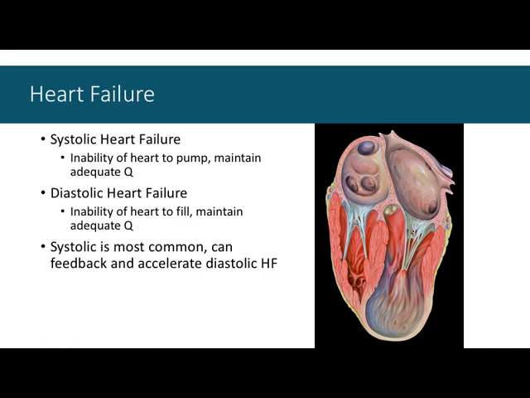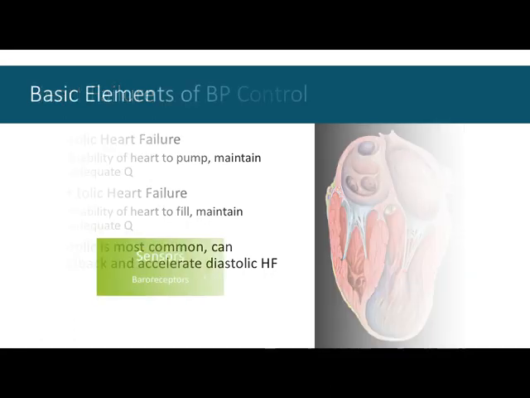So systolic heart failure, being our most common, is largely modified by pressure sensed in the periphery. Right? Pressure is the controlled variable. Pressure is the variable that dictates cardiac output. Pressure in the systemic circulation is what modifies cardiac output.